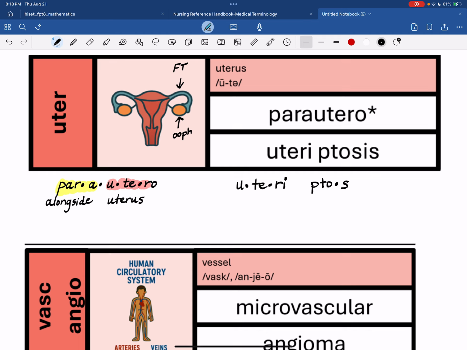Toe, sus. We know sus is a condition. Actually, let me just take all of that because that's important. Ptosis is drooping.